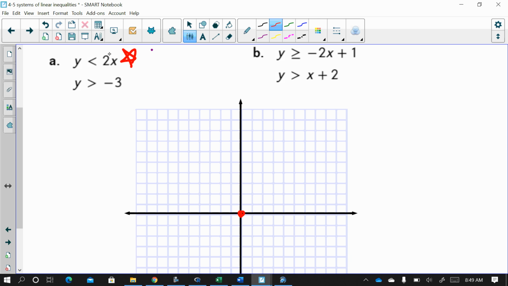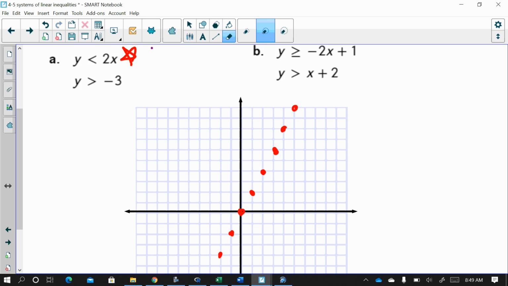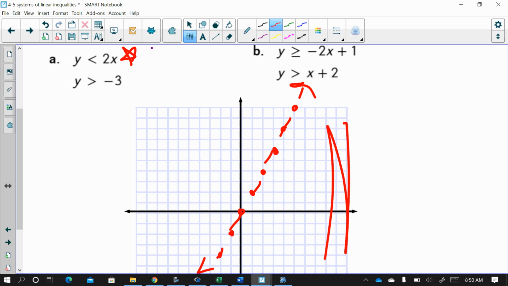Remember the slope is in front of the x, so I go up 2, right 1, up 2, right 1, or I can go down 2, left 1. Solid or dashed line? We're not equal to, so this is going to be a dashed line. I'm less than, so I shade below.